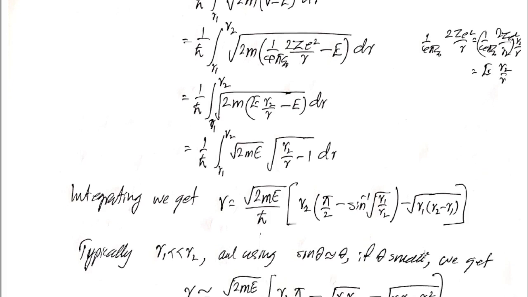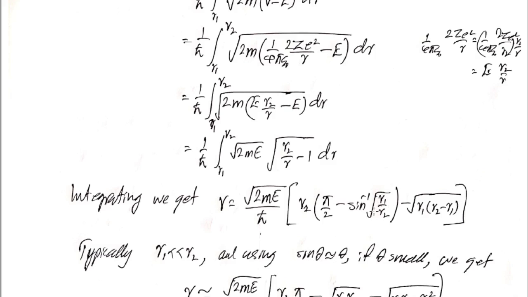Now we are going to apply another approximation. The approximation is that typically the nuclear radius r1 will be much less than the second classical turning point r2, so this r1 by r2 will be very small. If theta is very small, sin theta is approximately equal to theta.